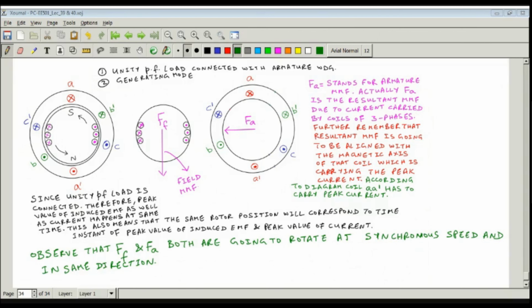So we are saying that FF and FA both are going to rotate at synchronous speed and in the same direction.